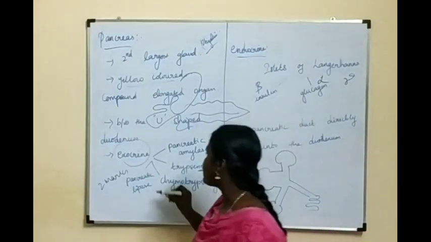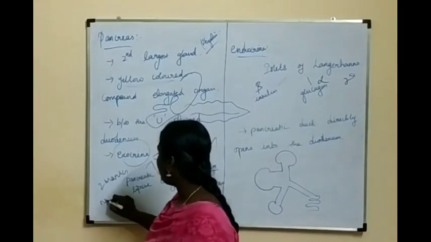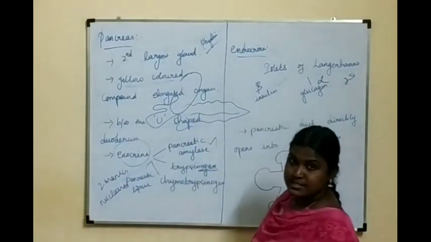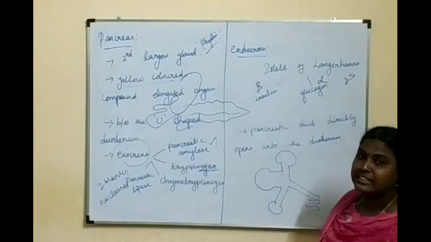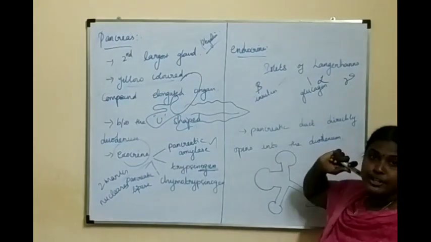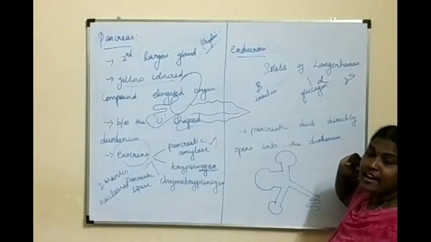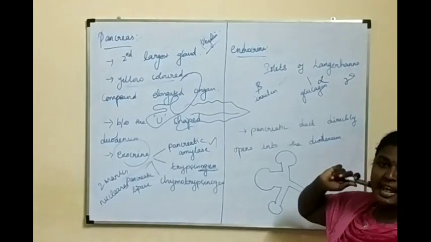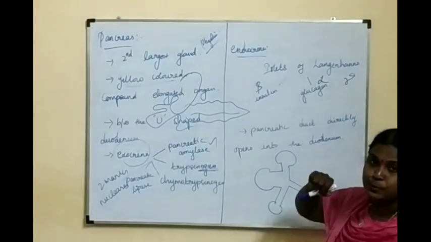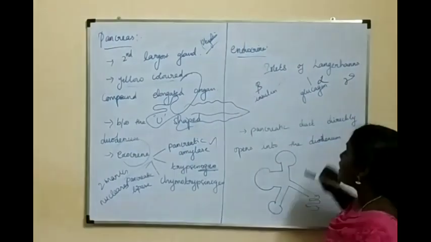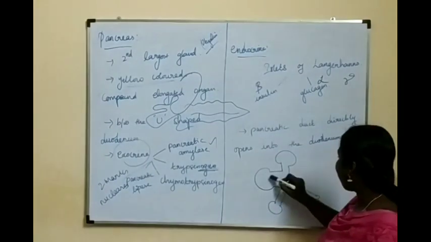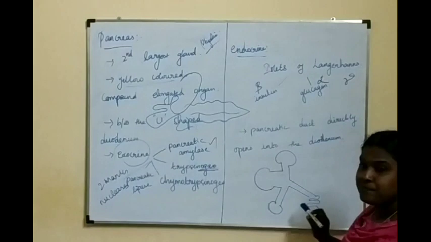Nucleases are also secreted. The pancreatic hormones come from the islets of Langerhans cells: alpha cells, beta cells and delta cells. The beta cells produce insulin and the alpha cells produce glucagon. The main pancreatic duct opens into the duodenum.